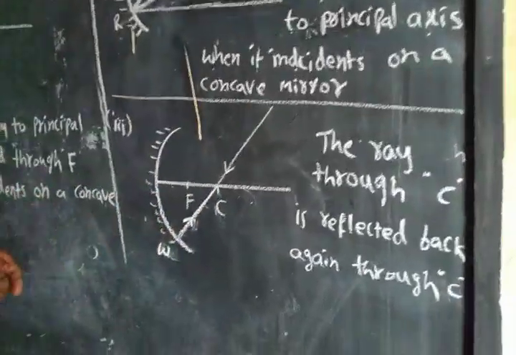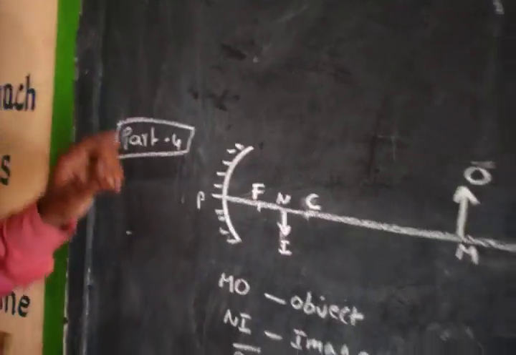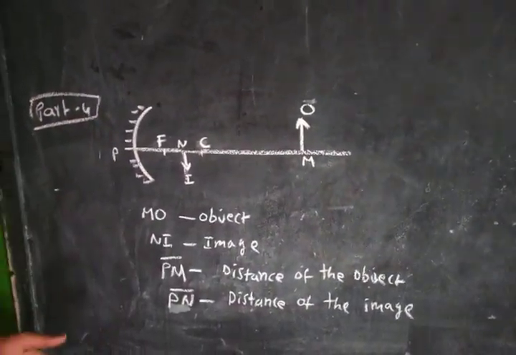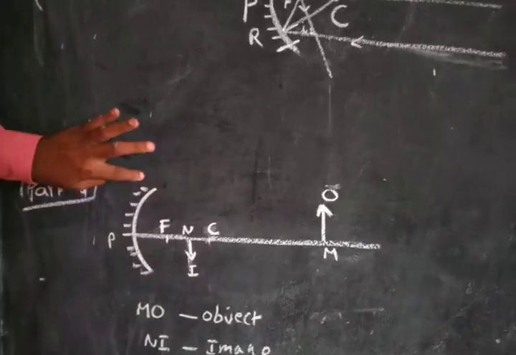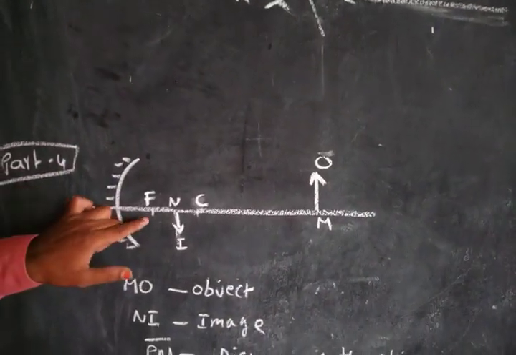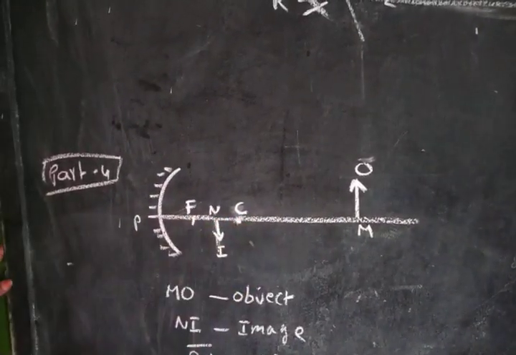Next part. Coming to the fourth part, here we are learning some notations. This is the concave mirror. P is the pole. F is the focus. C is the center of curvature.